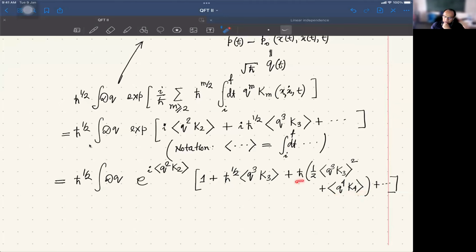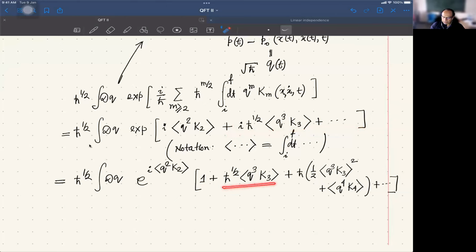But at this order ħ, the quadratic contribution from this term will come, which is (q³ k3)². If you call it x, this is 1 plus x plus x². So x has an ħ expansion.